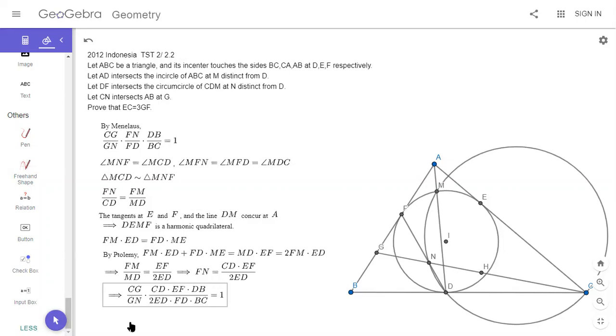Let's see. So yeah, if we use Ptolemy on AFIE, we have EF times AI is equal to 2AF times the radius.